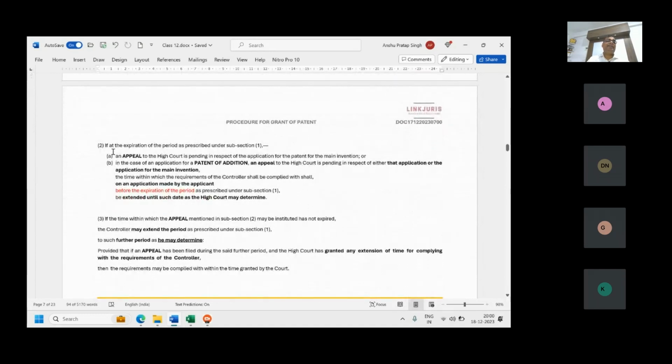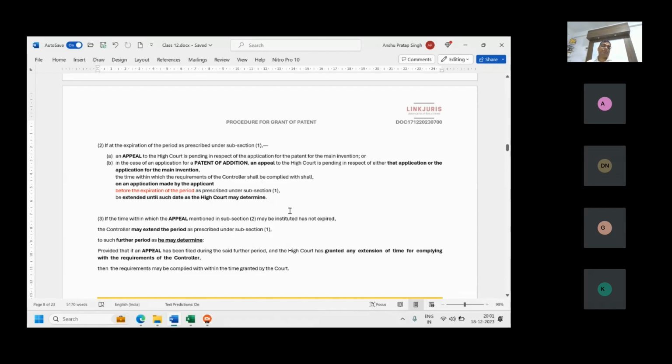Then comes, if at the expiration of the period an appeal to the High Court is pending in respect of the application for the patent, that is, there is a lis pendens. Then in the case of an application for a patent of addition, an appeal to the High Court is pending in respect of either that application or the application for the main invention, on the time within which the requirement of the controller shall be complied with, on an application made by the applicant before the expiration of the period as prescribed under this or extended.